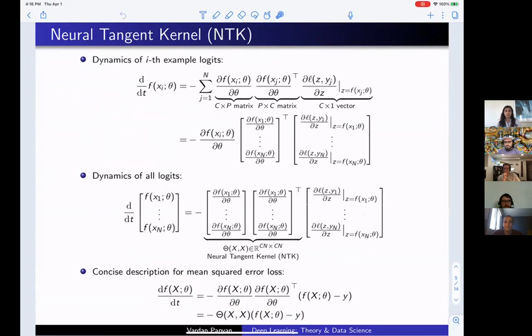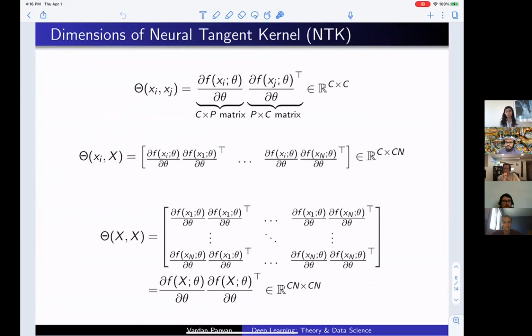Okay. Now, what we finished the lecture with was a hopefully clear description of what this matrix theta is. You should think of theta as a kernel that takes as input two examples xi and xj and calculates the following matrix: the derivative of the logits with respect to theta for the xi example and the derivative of the logits with respect to theta for the jth example, which gives us a C by C matrix.